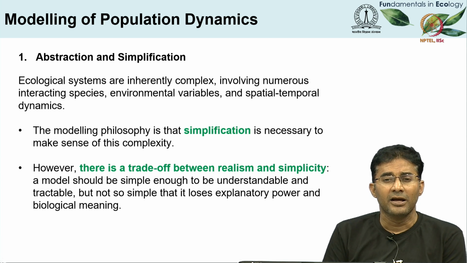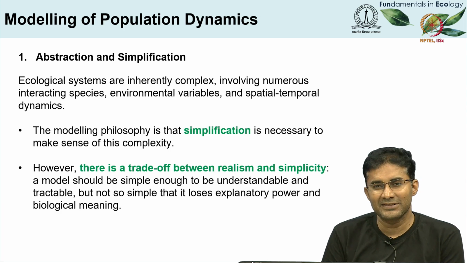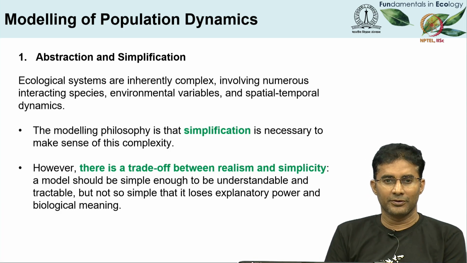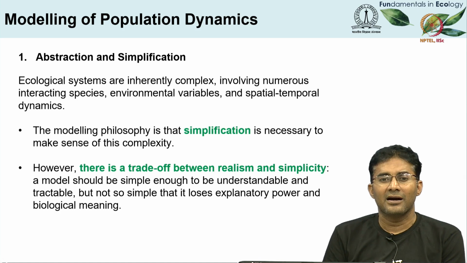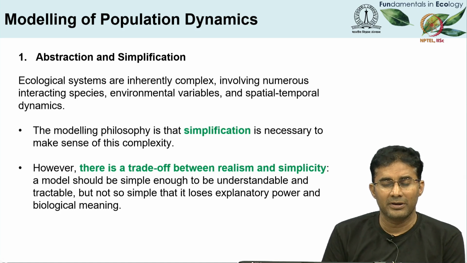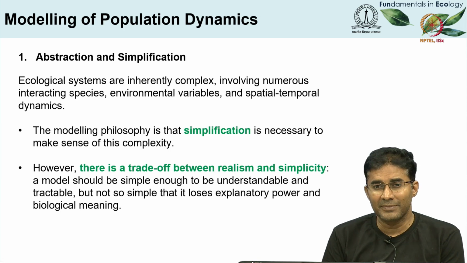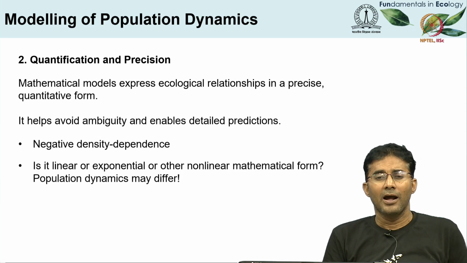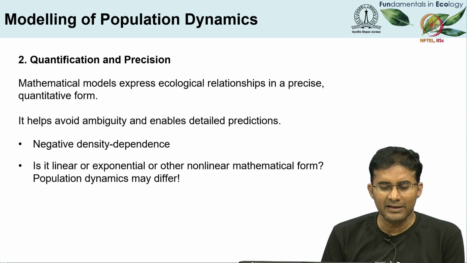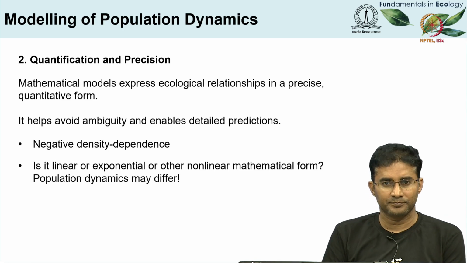On the other hand, if they are as complex as real systems, then they will not really help us understand real systems either. So, a model should be simple enough to be realistic, understandable and tractable, but it should not be so simple that it loses the biological meaning and the power of explaining the patterns. And mathematical modeling really helps us in quantification and precision.